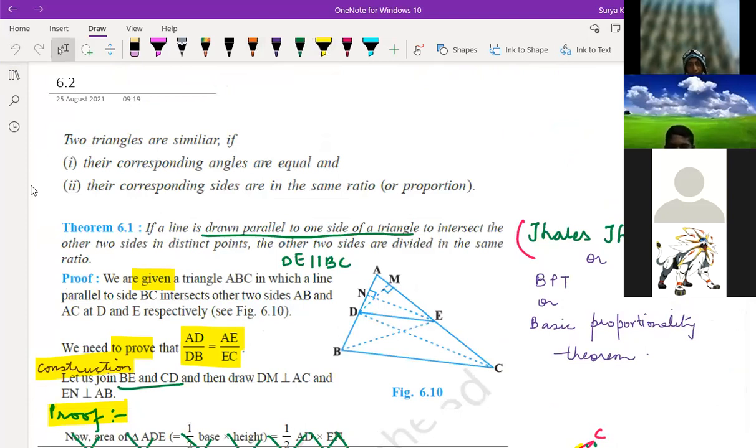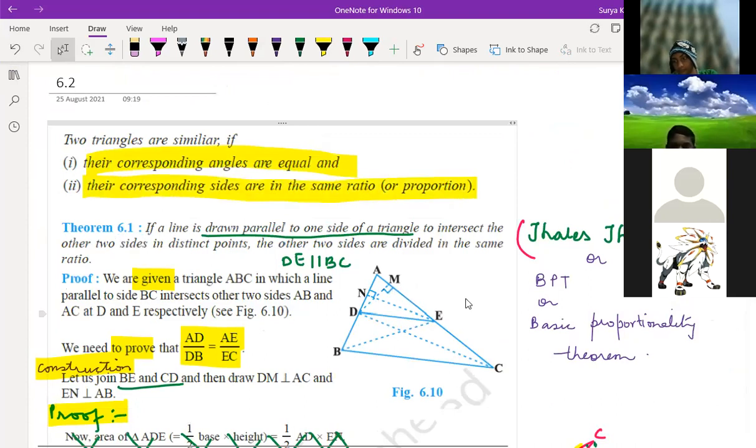Two triangles are similar if their corresponding angles are equal and corresponding sides are in the same ratio. So this is nothing but two triangles being similar, if we write it like this. Okay, so what is the theorem here?